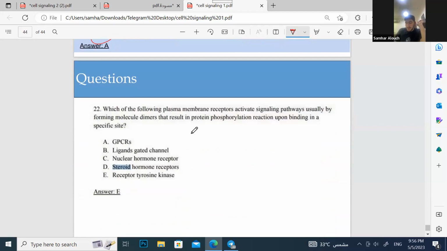And this is the last question. Which of the following plasma membrane receptors activates a signaling pathway by forming a dimer, see, dimer, that results in protein phosphorylation? We said that the tyrosine kinase receptors, mainly, are separated, and they need to bind a ligand.